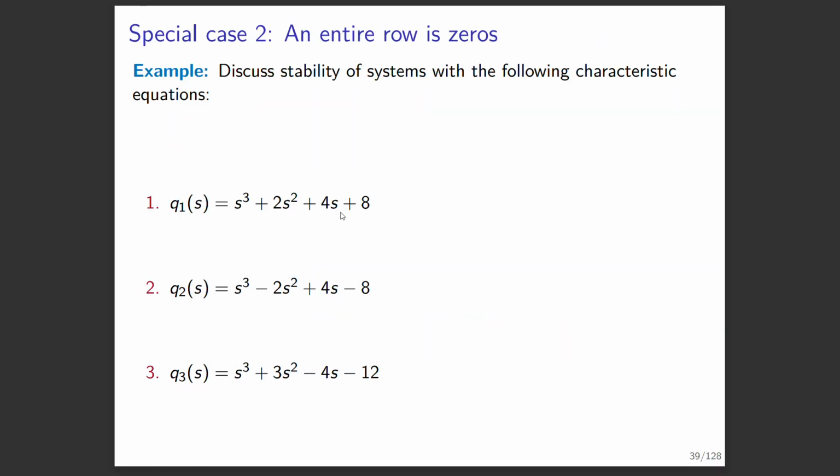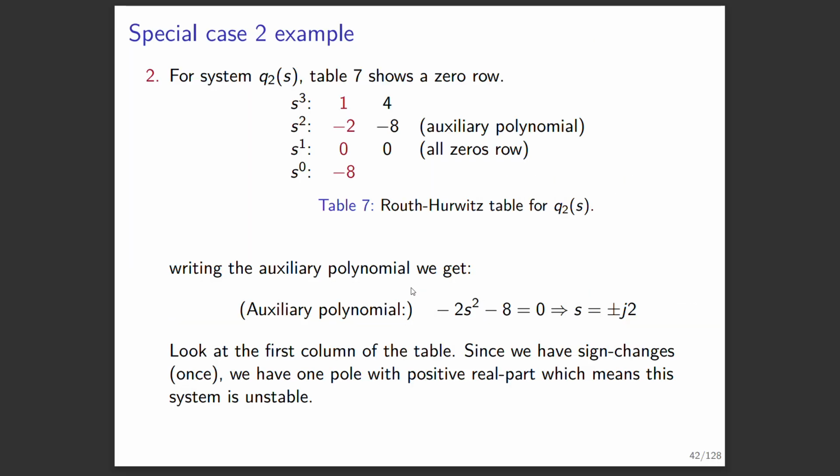That was Q1. Now how about Q2? For Q2, if you do the math, I'm going to have this situation. The auxiliary polynomial is the row above the row of all zeros. I'm going to have negative 2 s squared minus 8 equals 0. Again, s equals plus or minus j2. The same exact values I found before are again the symmetric poles.